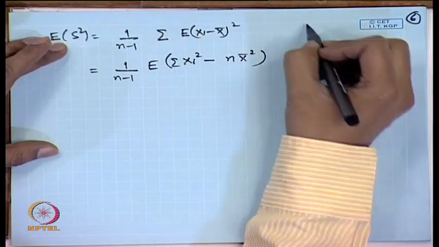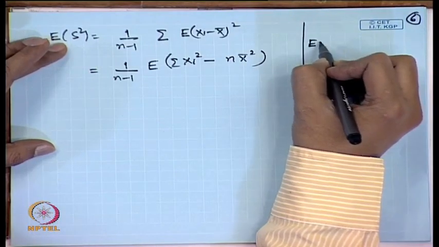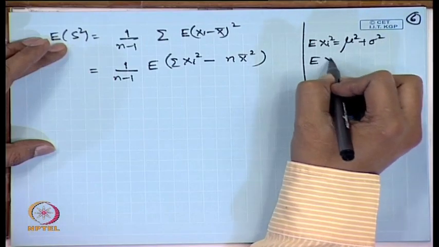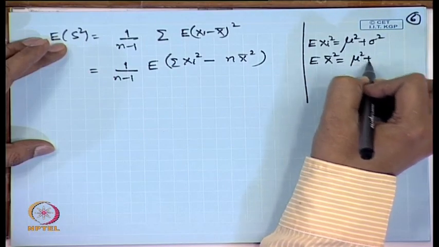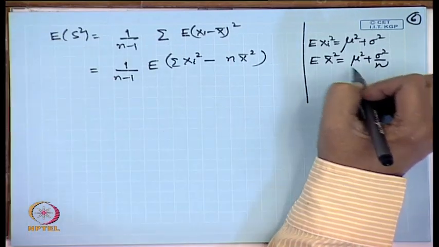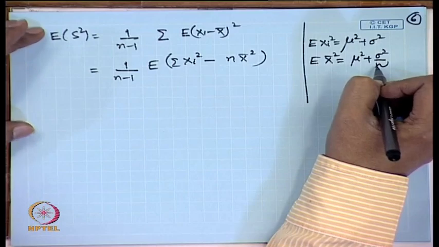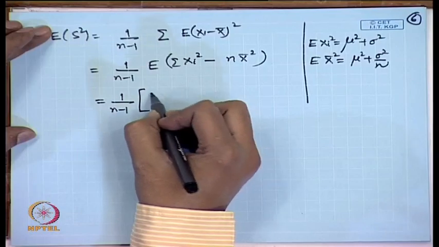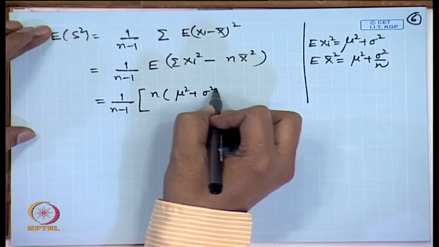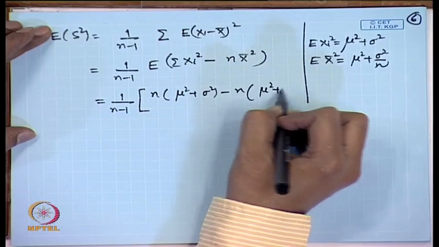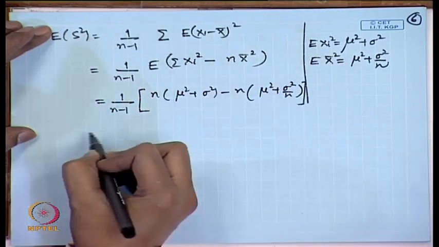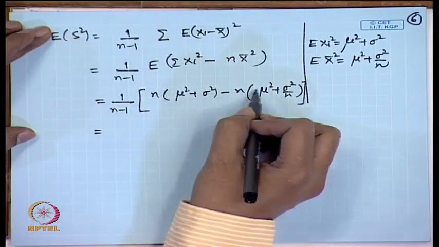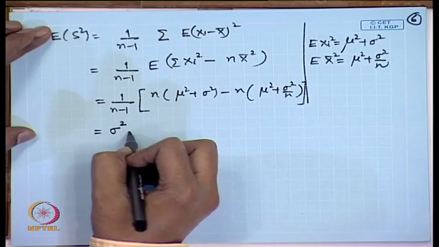Now, here we may use the property that expectation of x_i square will be equal to mu square plus sigma square, and similarly expectation of x bar square will be mu square plus sigma square by n, because variance of x bar is sigma square by n. So, if we substitute these here, it becomes 1 by n minus 1 times n times (mu square plus sigma square) minus n times (mu square plus sigma square by n). After simplification you can see that n mu square cancels out and we get n minus 1 sigma square by n minus 1, that is equal to sigma square.